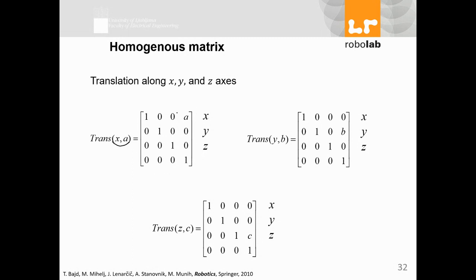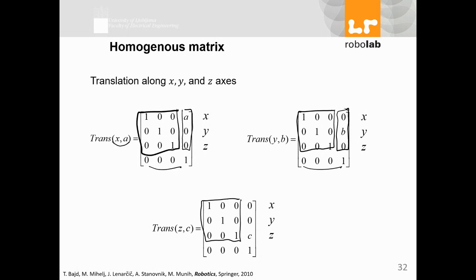You see in this matrix, again, this part is unique, and here you have only A, 0, 0. In the Y direction, same thing here, no change, but at this part you have 0, B, 0. And you see this part is the same, as I said. And in the Z direction, again, this part is the unit matrix, identity matrix, and this one is 0, 0, C, in the direction of C.